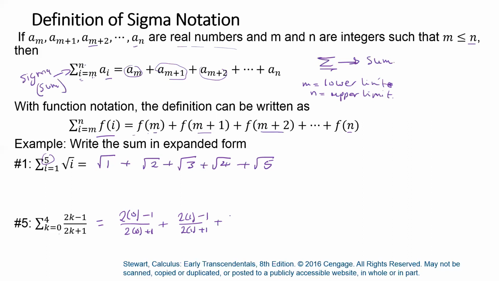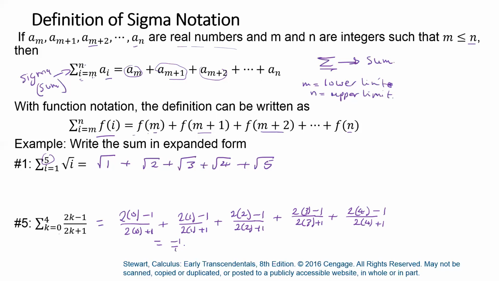And k equal to 2 will be 2 times 2 minus 1 over 2 times 2 plus 1. Now k equal to 3, you have 2 times 3 minus 1 over 2 times 3 plus 1. And then k equal to 4, you have 2 times 4 minus 1 over 2 times 4 plus 1.